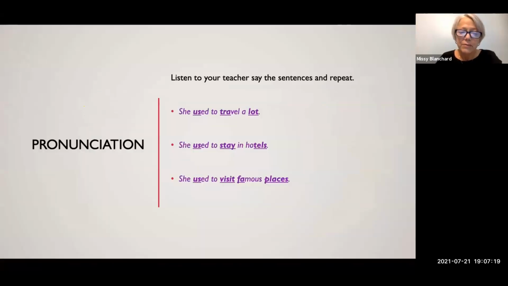So the next thing we might move to is the pronunciation of this language. So in the classroom, as the teacher, I might stand at the front of the room and drill these three example sentences. So I would say, she used to travel a lot. Please repeat. And the students would repeat it a couple of times.